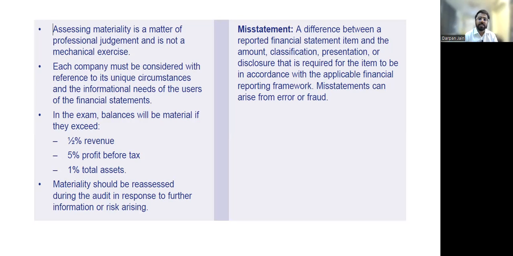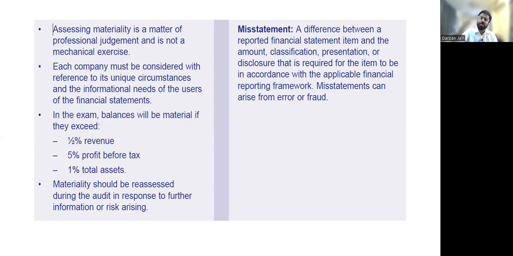For example, let's say in the fixed assets of a company, some item is included which should have been expensed out as repairs and maintenance. That amount was actually repairs and maintenance, but they have included that in fixed assets. What does the accounting standard say? It tells you to put that to the P&L account as an expenditure. But the company has added the amount of repairs and maintenance in the fixed assets account.